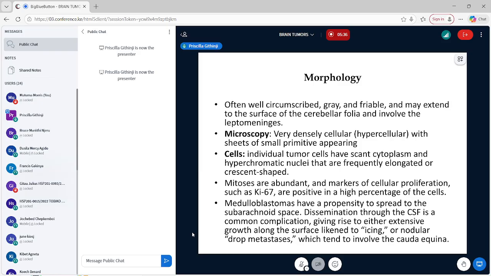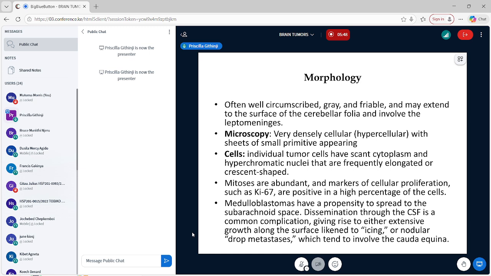Morphologically, these tumors are usually found in the cerebellar folia and involve the leptomeninges. Microscopically, you'll see very densely cellular tumors with sheets of small primitive appearing cells. These cells usually have scant cytoplasm. They have hyperchromatic nuclei, and they can be elongated, or they can be crescent shaped.